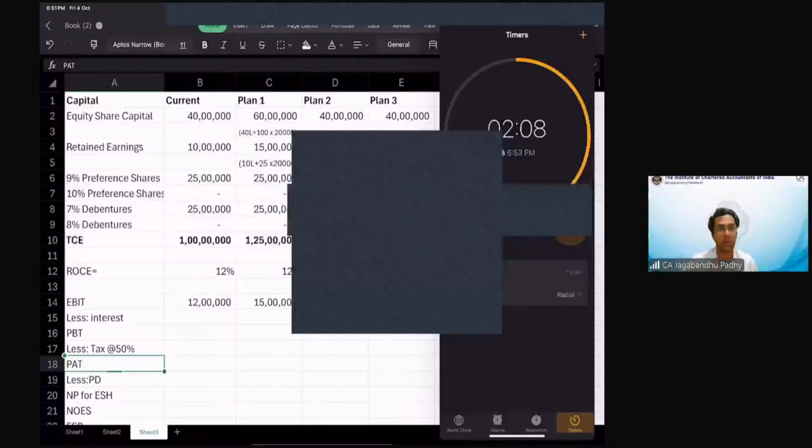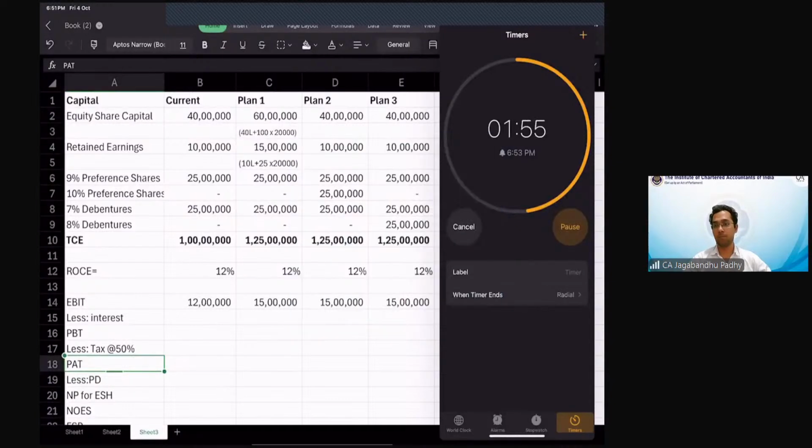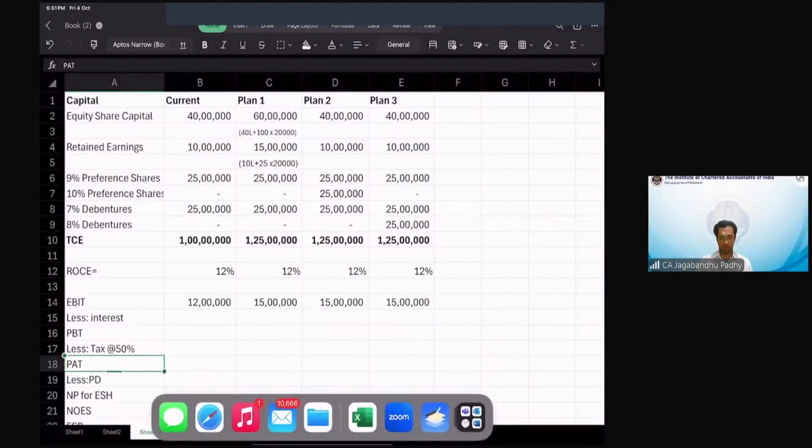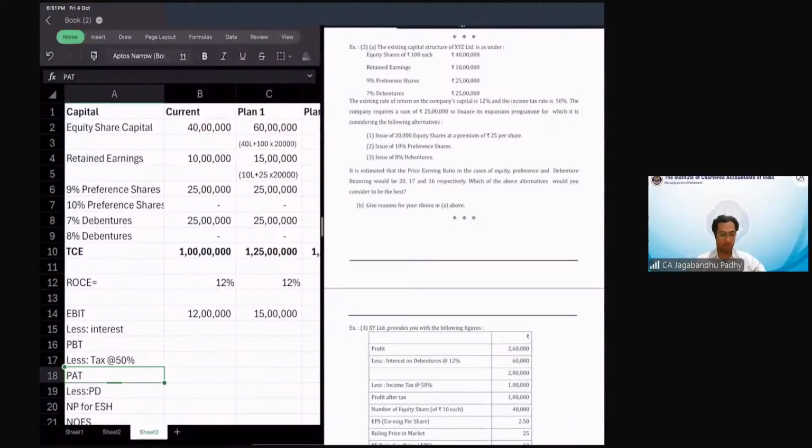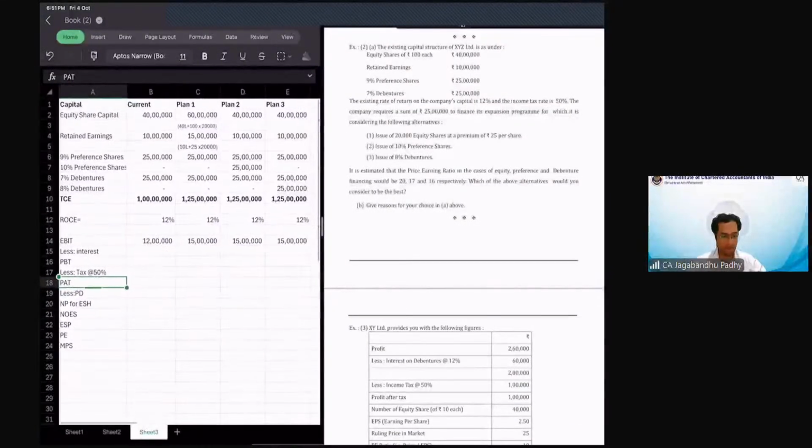Okay. Now audible? Yeah. Reach up to market price per share, guys.